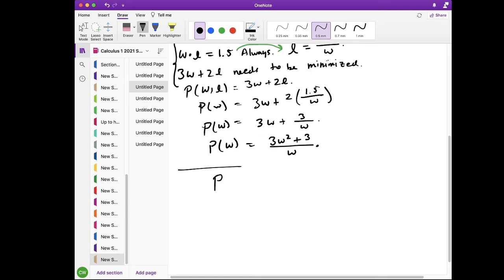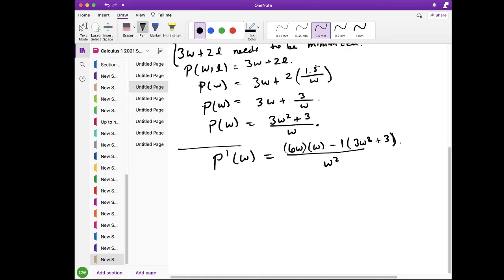So P prime is the derivative of the numerator, 6W, times the denominator W, minus the derivative of the denominator, 1, times 3W squared plus 3, divided by W squared.